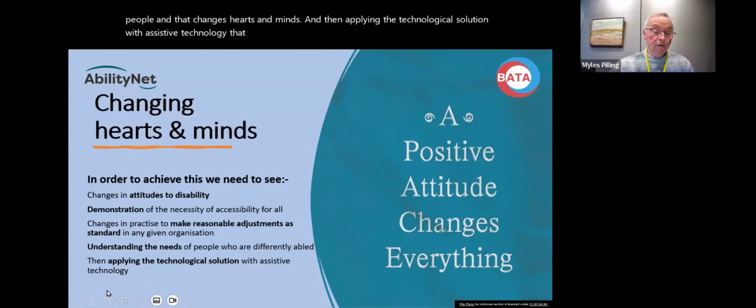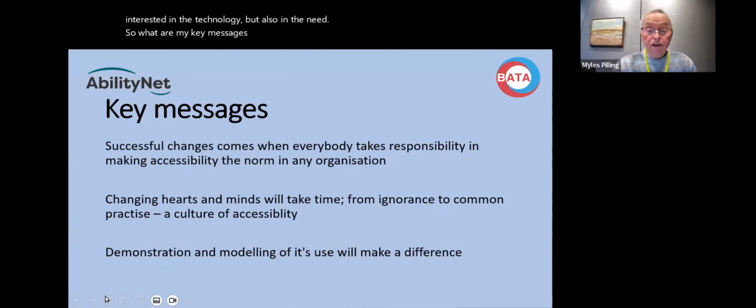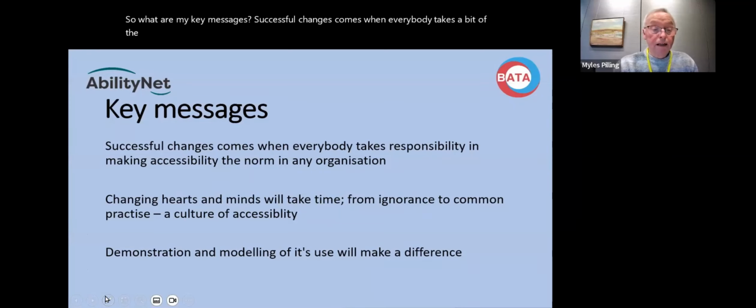That is why it's important that we have people like us who are interested in the technology, but also in the need. So what are my key messages? Successful change comes when everybody takes a bit of the responsibility and makes accessibility the norm in any organization. I suspect this isn't new news to you, but it's just useful to state it.